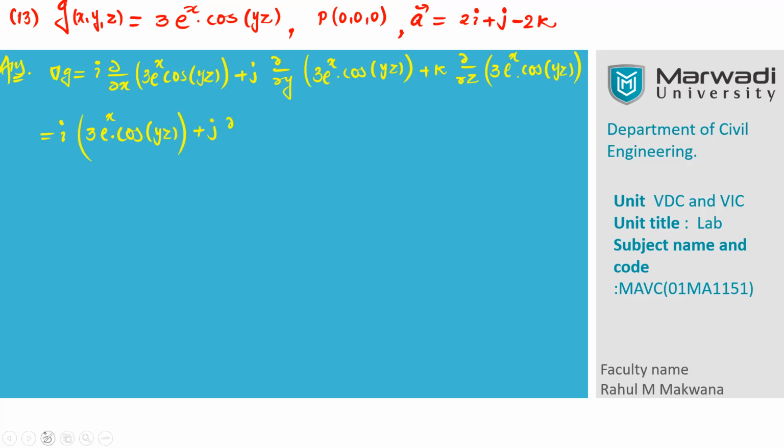Now with respect to y, keeping 3e raised to x the same, cos becomes minus sine yz, again derivative of yz with respect to y is z.